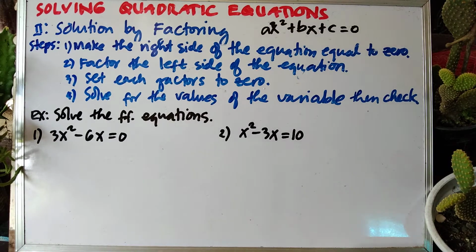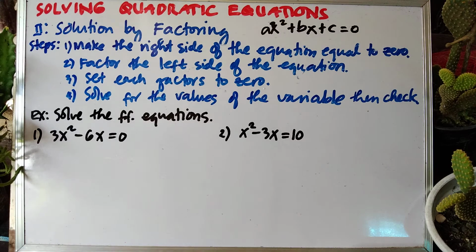Okay. Now let's move on to our examples. Solve the following equations. Number 1, you are given 3x squared minus 6x is equal to 0. Now as you observe, the right side of the equation is already 0. Correct? So what we're going to do here?